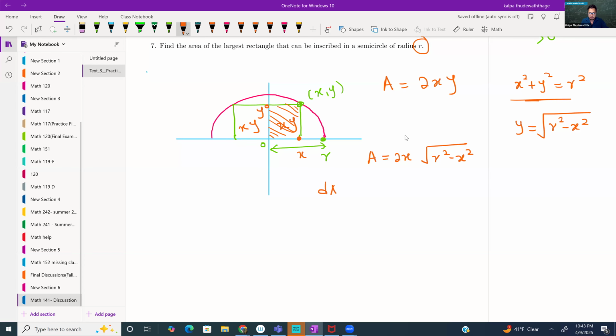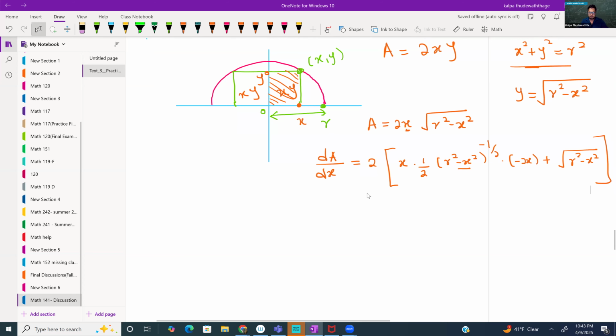So you can take the derivative. You can use the product rule: x times the half power of r to the power 2 minus x to the power 2, and the derivative of this is minus 2x, plus the square root part times the derivative of x, which is just 1. That's the first derivative.